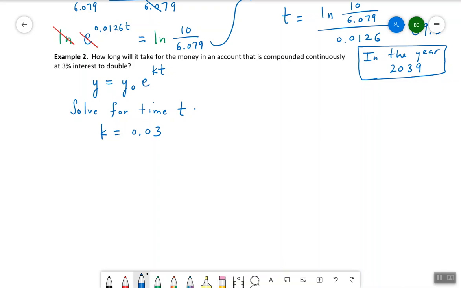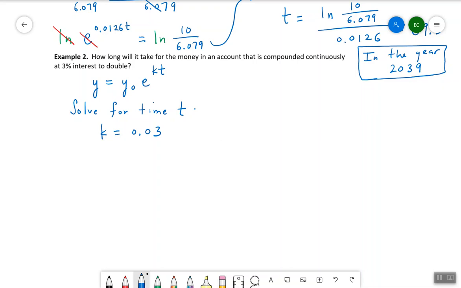And since we're asked to find how long it will take for the money to double, that means that we need to solve for time t, the time it takes to double. We know that the growth rate, or the interest rate, is 3%, so we write that as a decimal, 0.03.